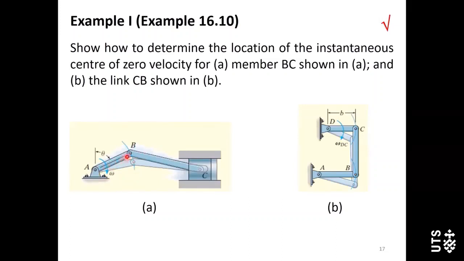there is the crank AB, and this one is undergoing rotation about a fixed axis O. A piston C is undergoing rectilinear translation. Link BC is undergoing general plane motion. And we will do velocity analysis on BC.